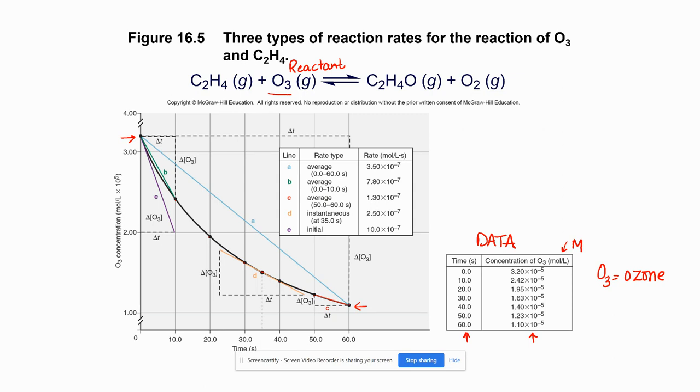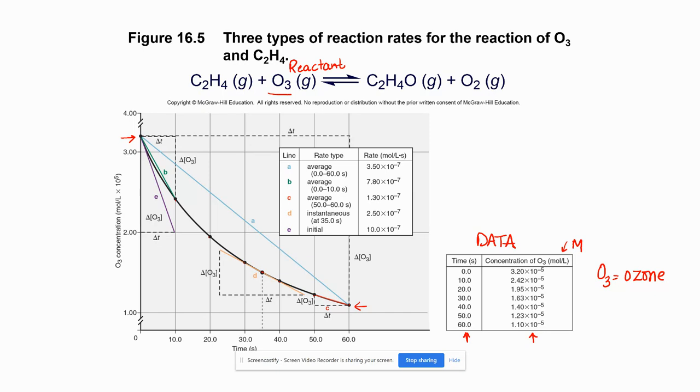Okay. Now, we can talk about different types of rates. There is, first of all, what's called an average rate. There's what's called an instantaneous rate. And there's what's called an initial rate. Now, an average rate will depend on which interval of time we are assessing.